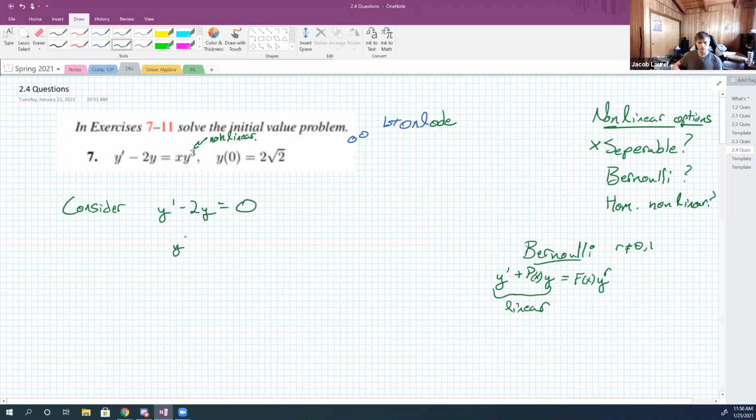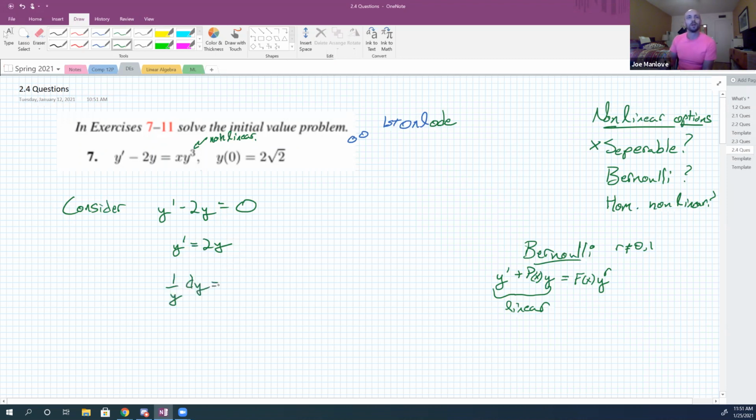Then integrate both sides. Okay, so we're essentially treating this as separable, right? Okay, so we got y prime is this, so then we divide by y, so we got 1 over y dy is 2 dx. Slap some squiggles on here. Say the natural log of the absolute value of y is 2x plus a constant.